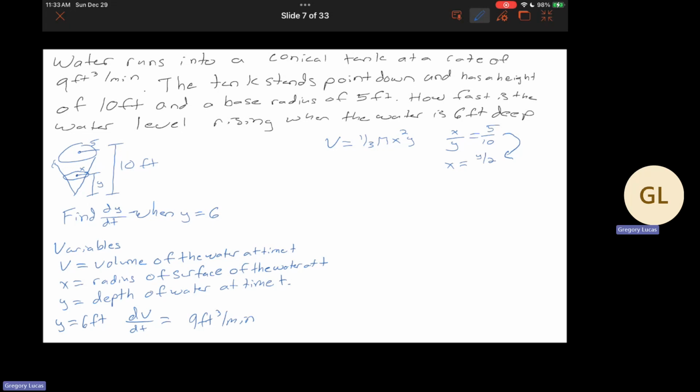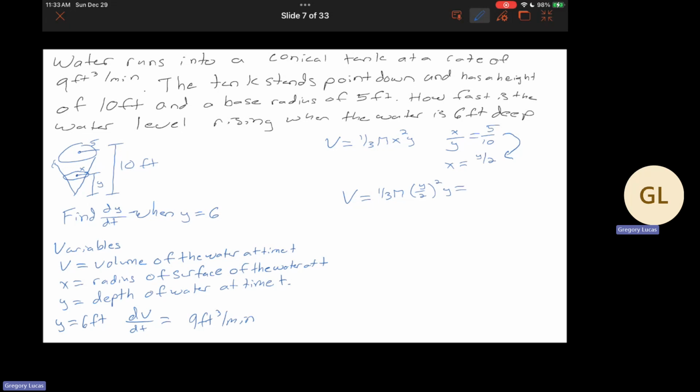Now let's solve the problem. We're going to use what we did last time with implicit differentiation. So we have volume equals 1/3 pi, and instead of putting our x, I'm going to say y over 2, squared, times y. So I'm plugging in that x equals y over 2.